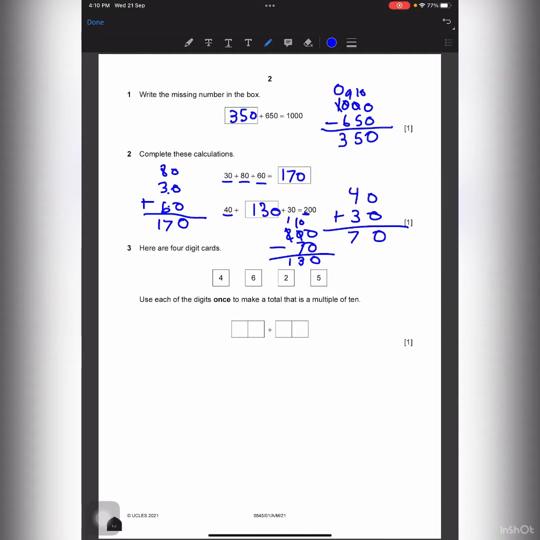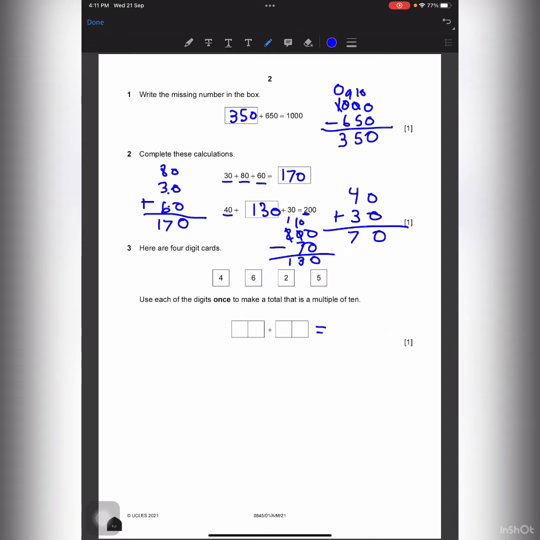Now, here are 4-digit cards. We have 4, 6, 2, and 5. Use each of these digits once to make a total that is a multiple of 10. So for this question, you have to make it a multiple of 10. Multiples of 10 are like 10, 20, 30, 40, etc. Like the ones with the 0 at the end.